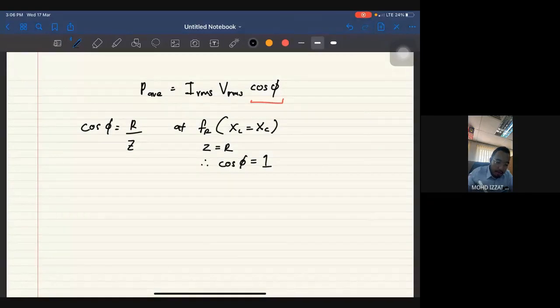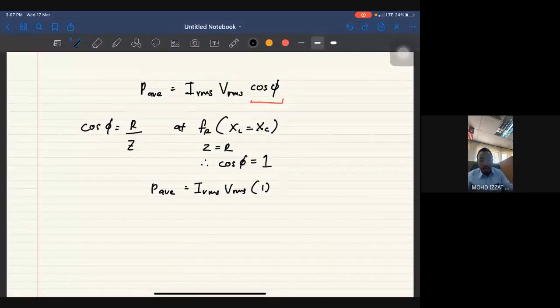So this is another important property at resonant frequency. So R and Z are the same value, they cancel out. So the one comes into here. So you can write this as P average equals I RMS V RMS 1. This is when you have the maximum power. But I don't need to talk about that. But at resonant frequency, power factor becomes 1. The circuit is more efficient. Okay, any questions?